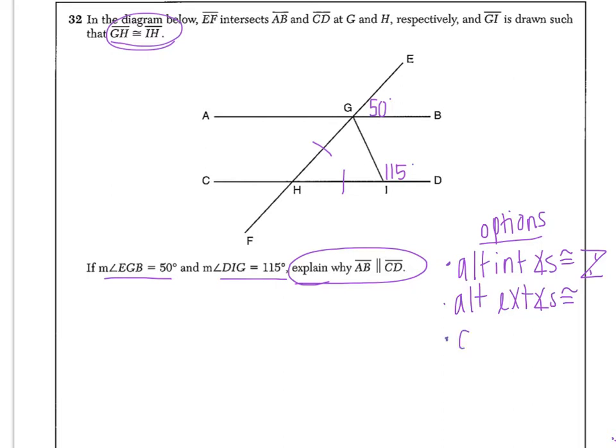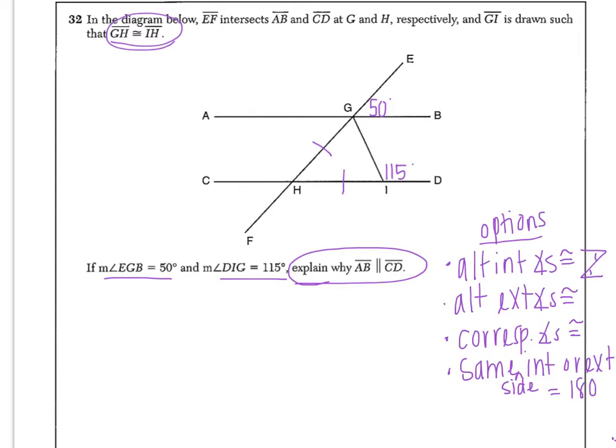We can also find corresponding angles congruent. Or we can talk about angles being supplementary, such as same side interior or exterior, summing to 180 because, again, they're supplementary.